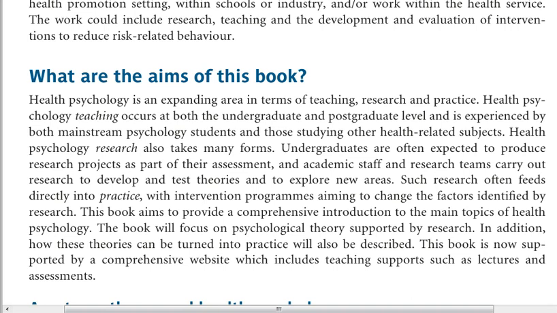Such research often fits directly into practice, with intervention programs aiming to change the factors identified by research. This book aims to provide a comprehensive introduction to the main topics of health psychology. The book will focus on psychological theory supported by research.